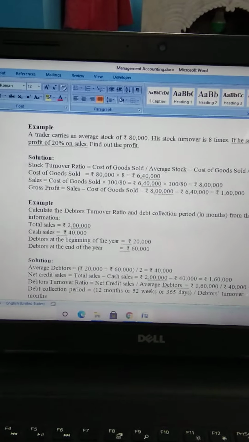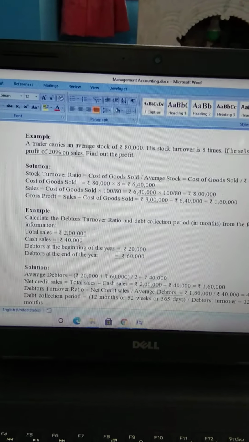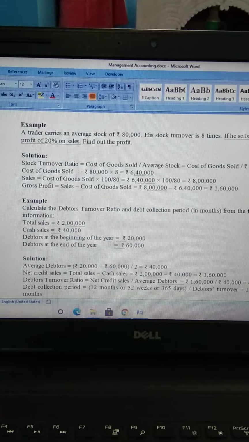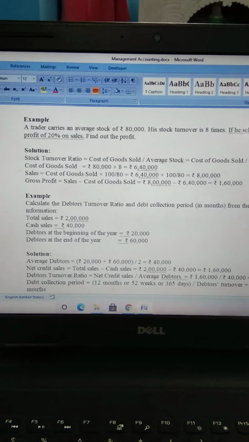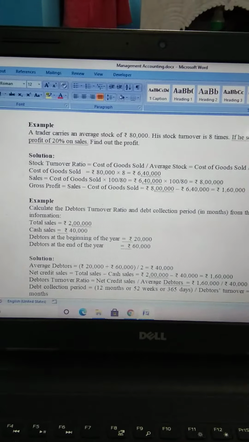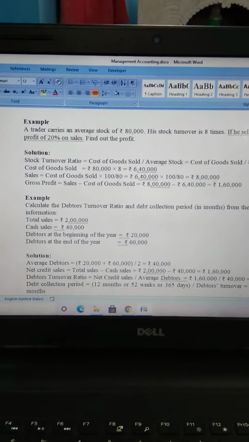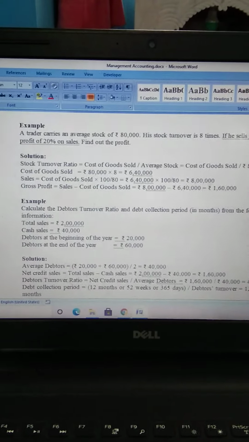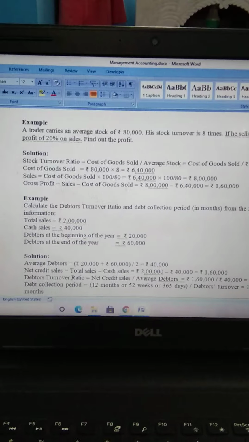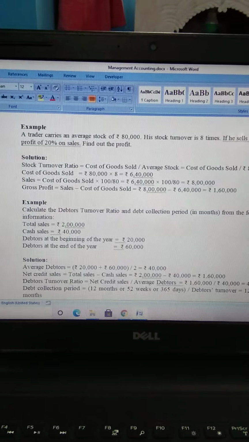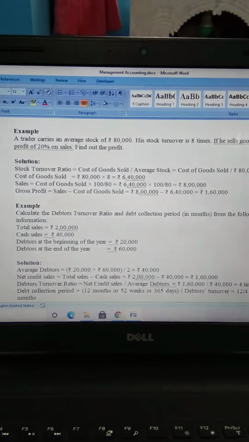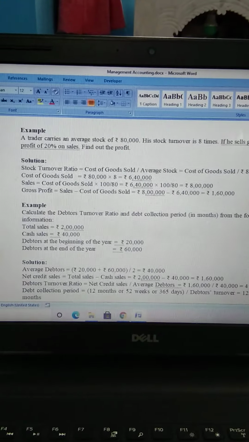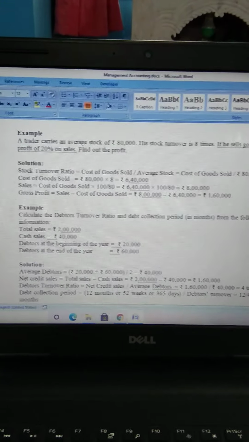Sales equals cost of goods sold into 100 by 80. The same formula is applicable over here. Why? Because profit is 20% on sales, that means the cost is 80, profit is 20 and sales is 100.